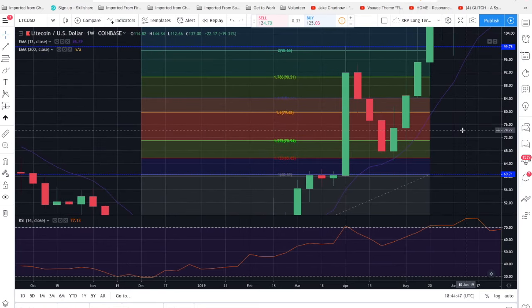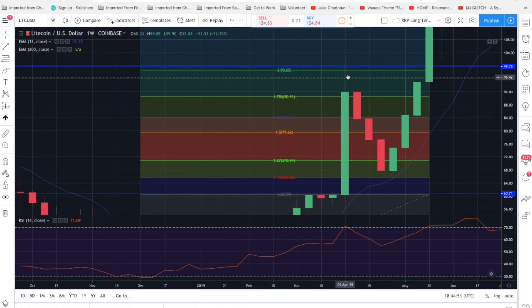You'll see that, here we go, we have another candle which, boom, lands right on the target. A 200% gain within a single week. Boom, and that was a fearless candle, and you'd be taking profits along the way.